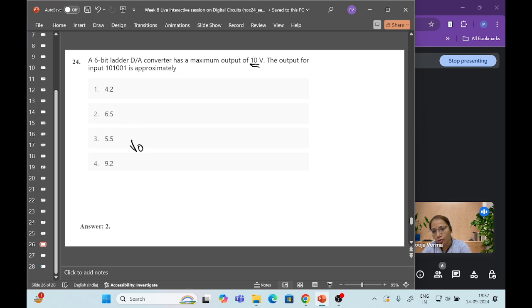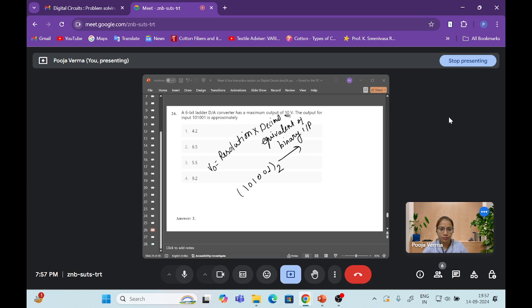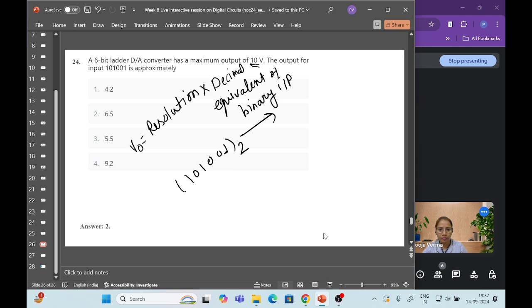So V out, we already know, is equal to resolution into the decimal equivalent of the binary input. So the binary input is 101001. What will be the decimal equivalent of this binary?